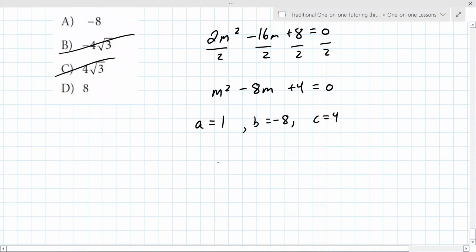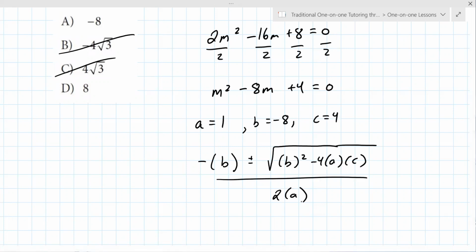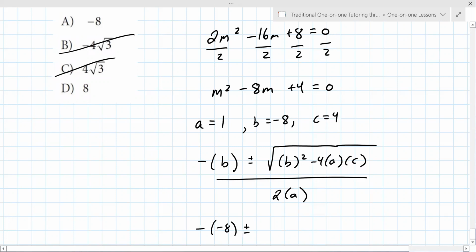Your formula is minus b plus or minus the square root of b squared minus 4 times a times c, all over 2 times a. So we're going to start substituting numbers. Okay, so it becomes minus 8 plus or minus.